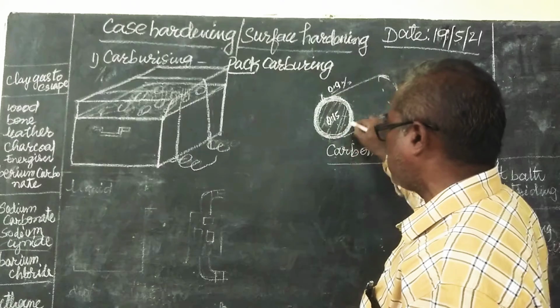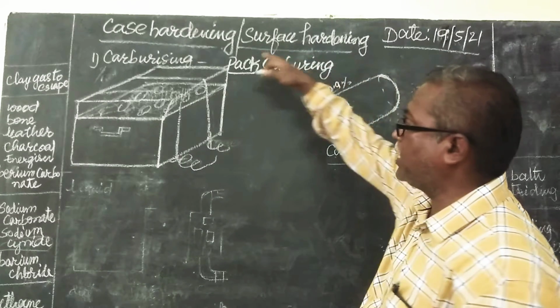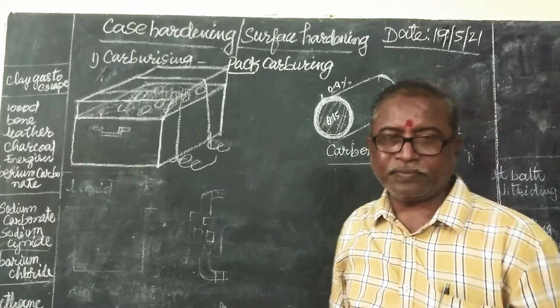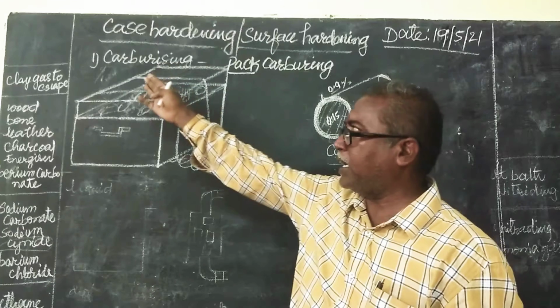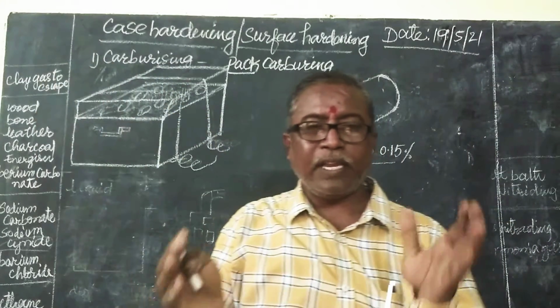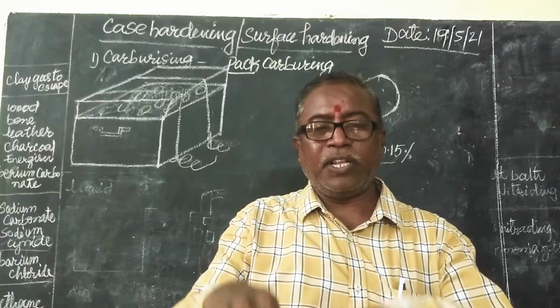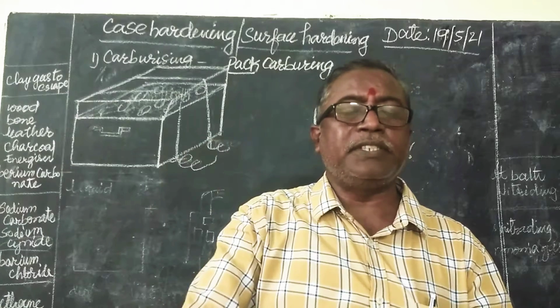Then the outer surface becomes hard. The process of hardening the outer surface is called case hardening or surface hardening. In this case hardening, carburizing is over. Take a metal box, put charcoal powder in it, and keep the pieces inside, fully covered by the charcoal.